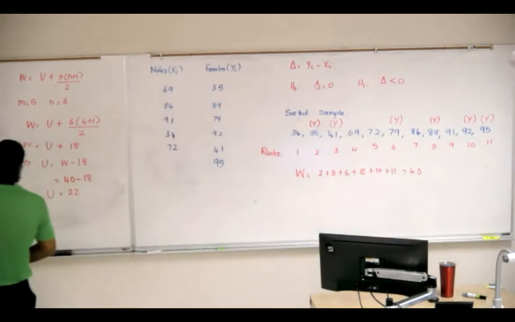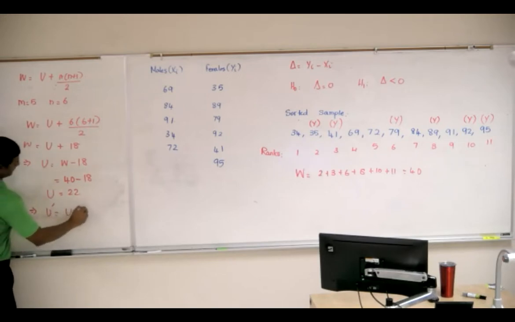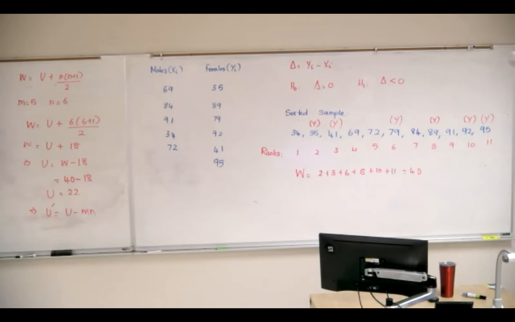What do we get for U prime? U prime is U minus mn.